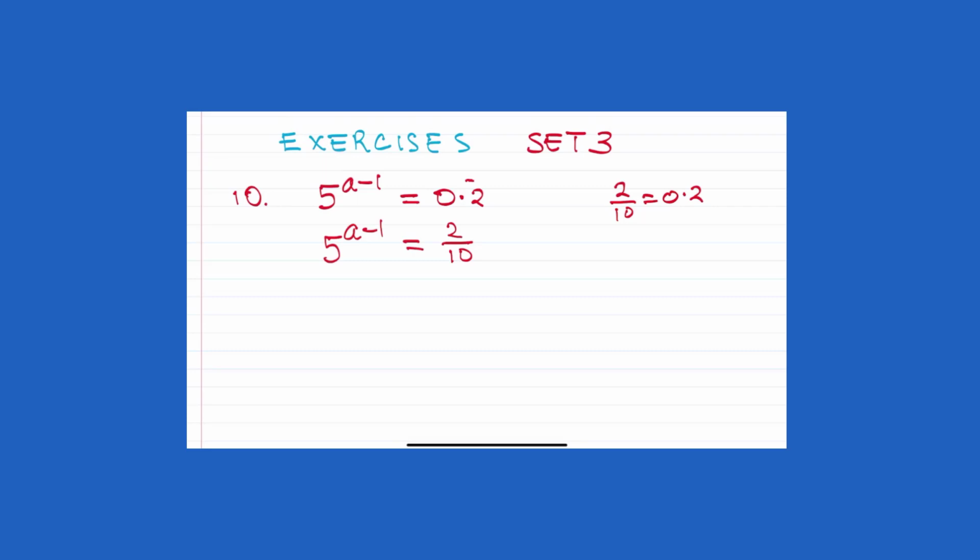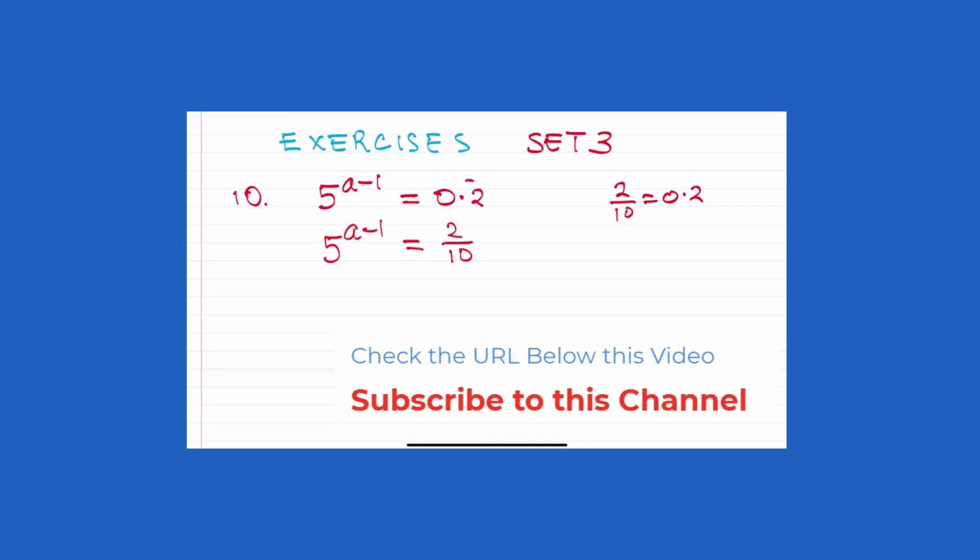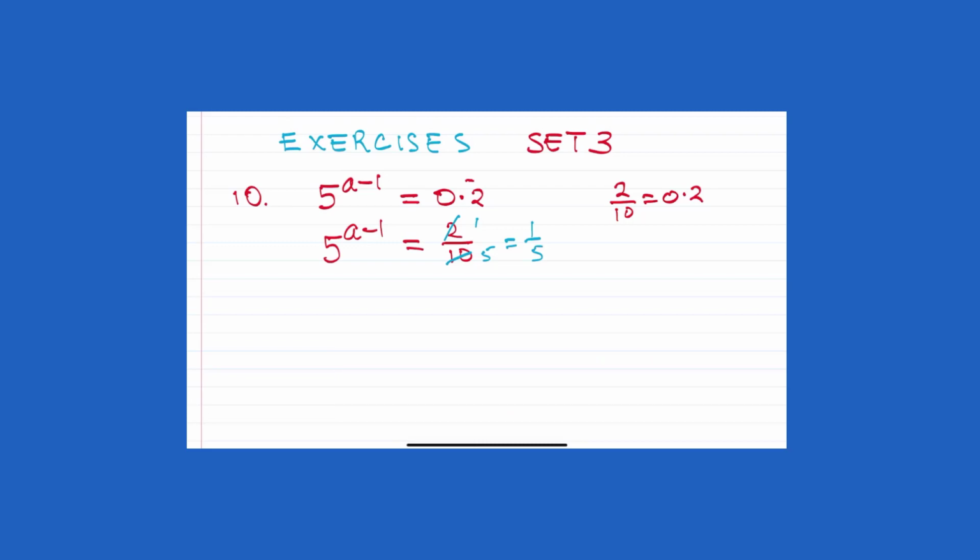Our goal is to give it a semblance of something we can work with, because if you turn it to a fraction, 2 will go into 10 5 times. So automatically this will be 1 and this will be 5. We are going to have 1 over 5. So we can go from there and continue with our equation.